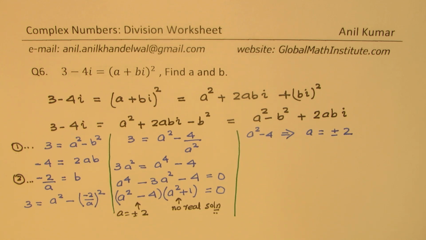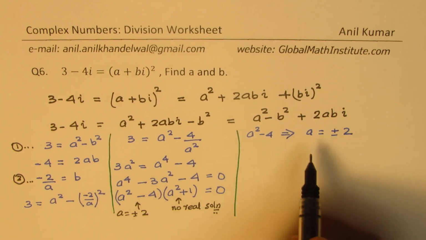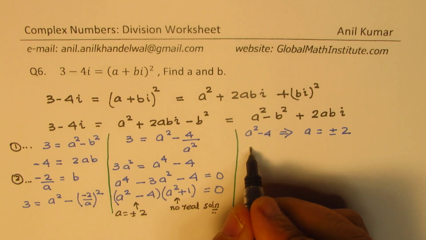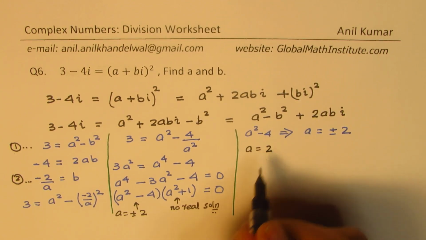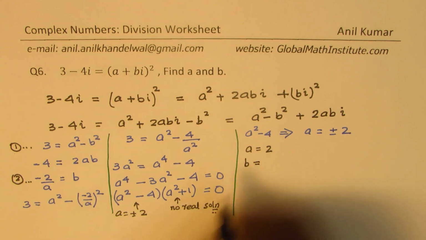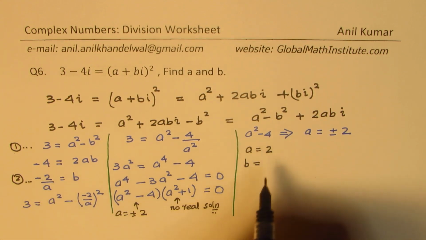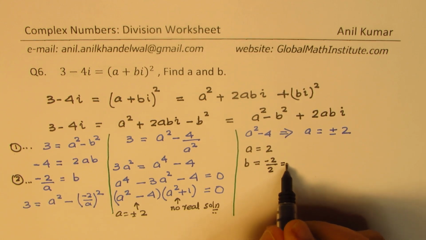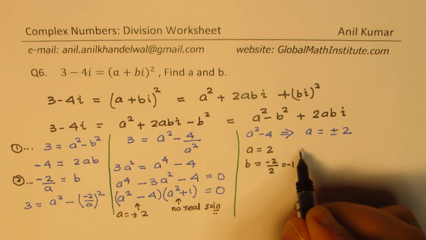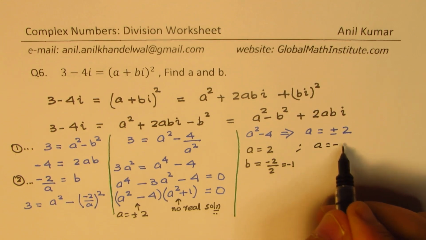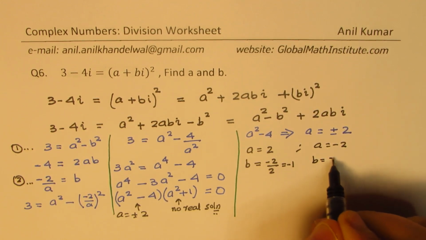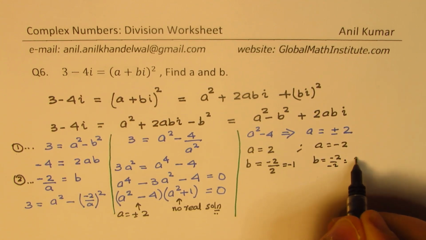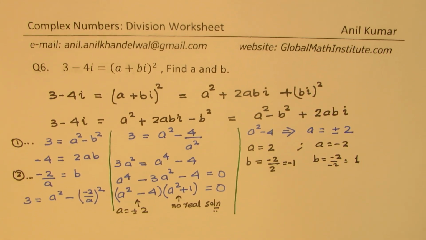So for two different values of a, we do get two different values of b. So we could write this as if a equals to 2, in that case b is equal to minus 2 over 2, which is minus 1. And if a equals to minus 2, b is equals to minus 2 over minus 2, which is plus 1. Correct?